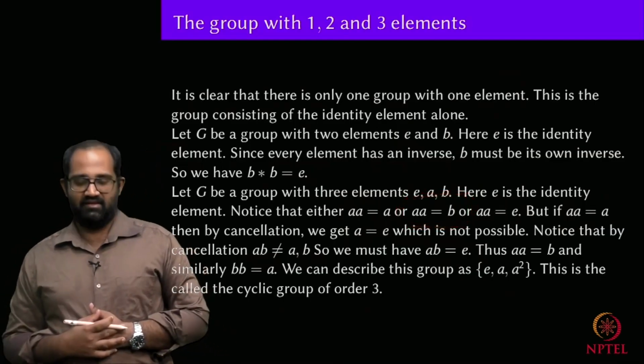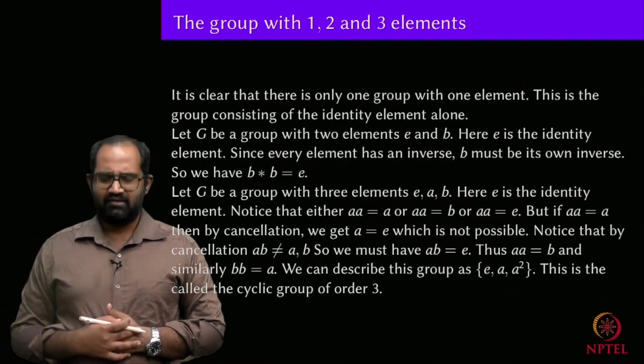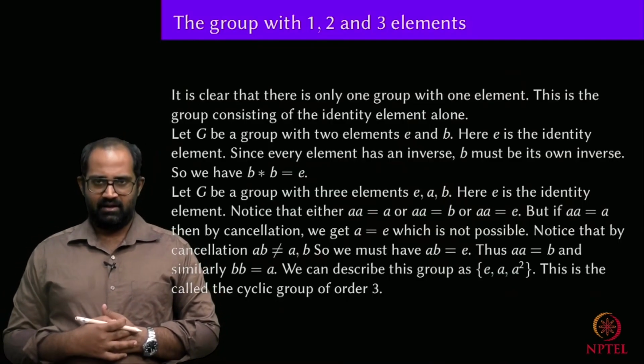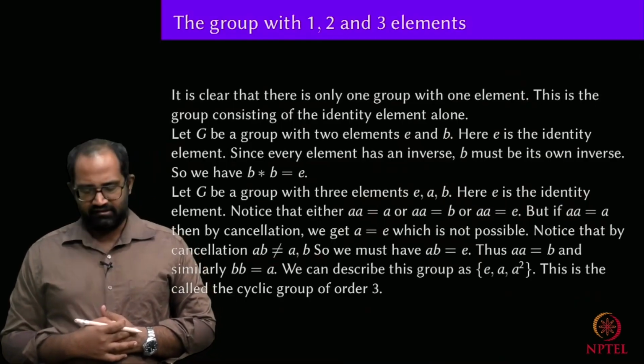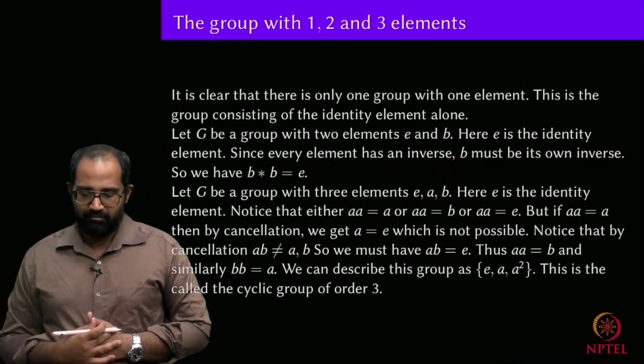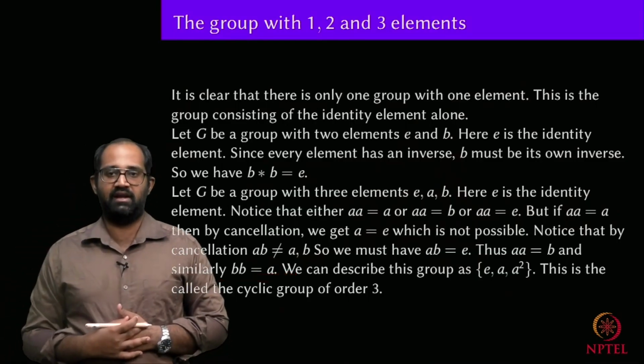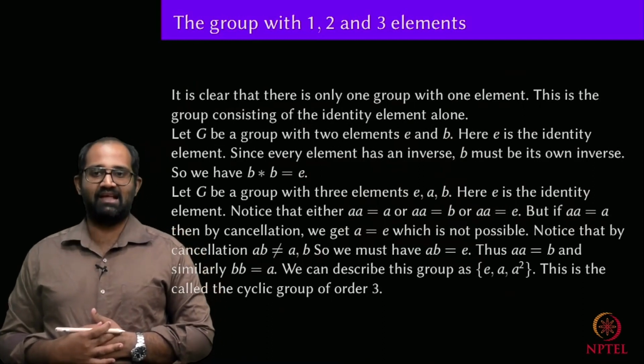Now, here is an interesting thing. We have done our analysis on the element A. There is nothing special about the element A, which means whatever analysis we did for A works for B as well, the net conclusion being that BB equal to A. You do not even need to prove that again in great detail because it is essentially exactly the same argument.